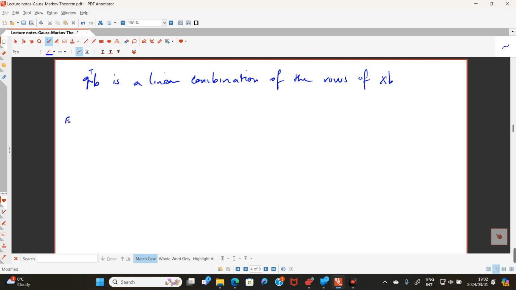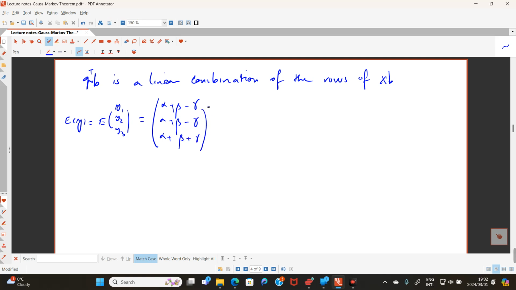Now let's look at the example again. So we have y1, y2, and y3. I'll quickly write it again: alpha plus beta minus gamma, alpha plus beta minus gamma once again, and alpha plus beta plus gamma.